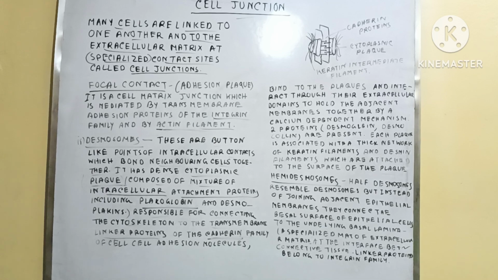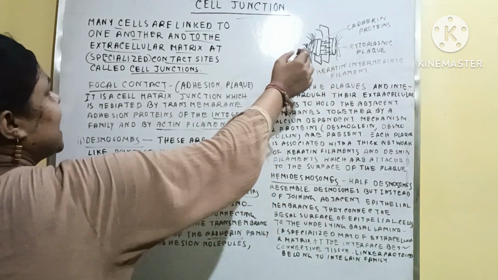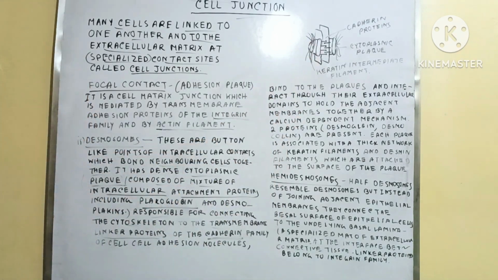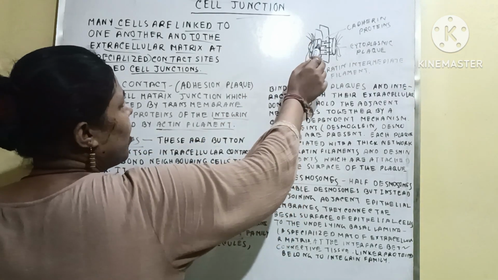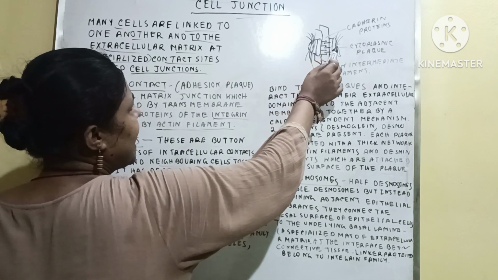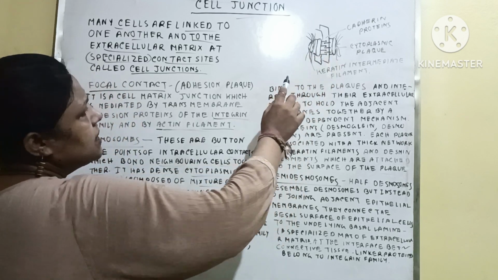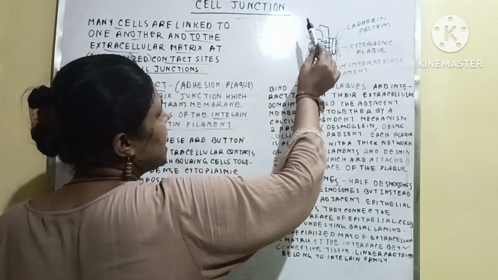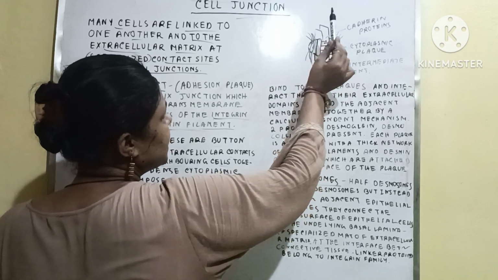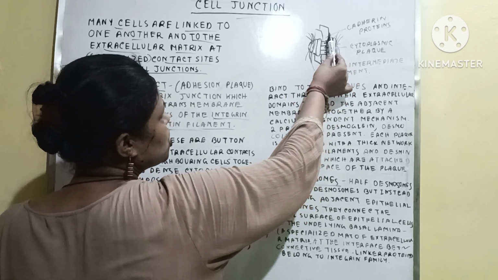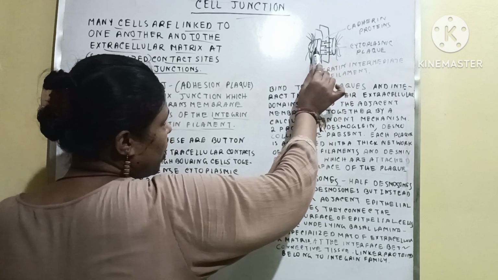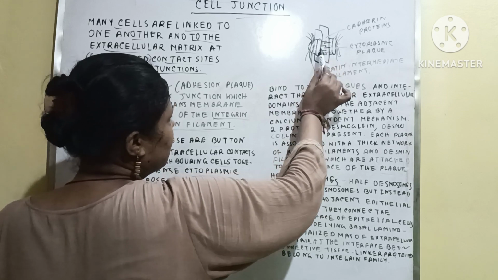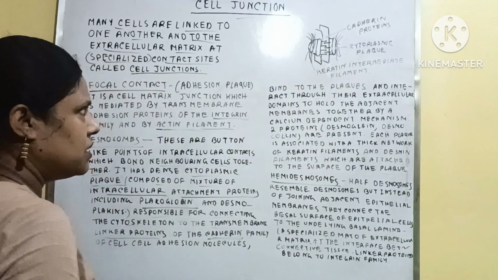Clear? So again I repeat, here this cytoplasmic plaque is very important. You can see here one cytoplasmic plaque is that, another cytoplasmic plaque is that. This cytoplasmic plaque is actually attached with the cell, and this is also attached with the cell, and these are joined with each other by the cadherin proteins. Clear?